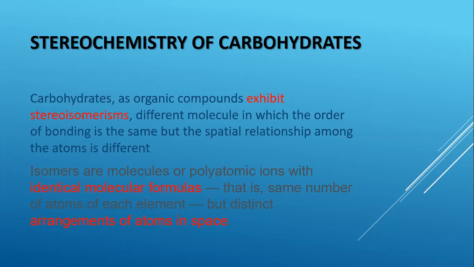And because they are different, we say they are isomers. So when we talk about stereoisomers, we're talking about organic compounds in which the order of bonding is the same, but the spatial arrangements among the atoms are different.